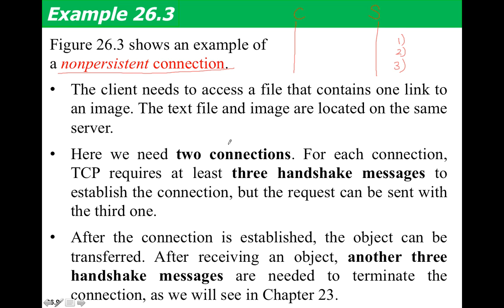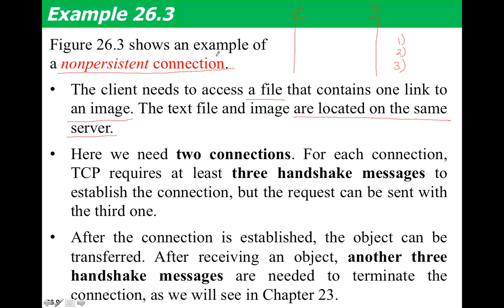Okay, this is very important. So for example, in this case, we have a client that needs to access a file that contains one link to an image, right? So you're accessing a file, and then within that file you have a link for the image. And we're saying that they are both located on the same server.